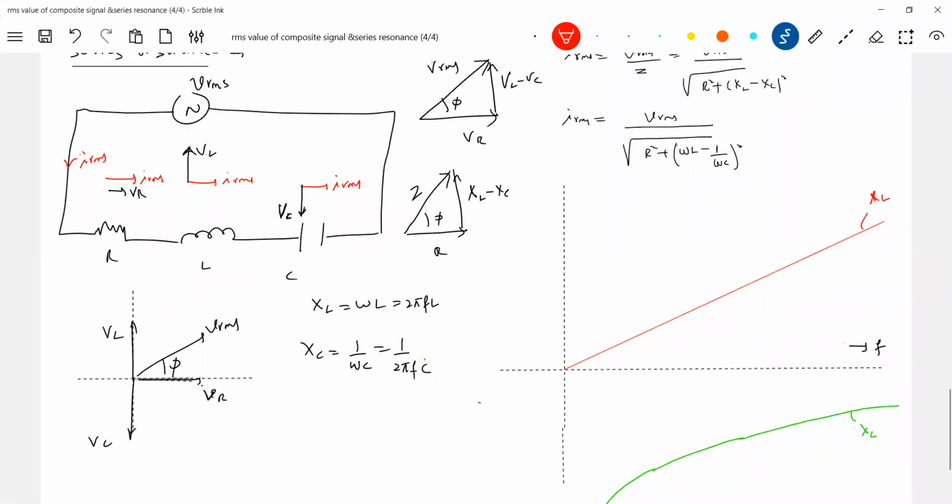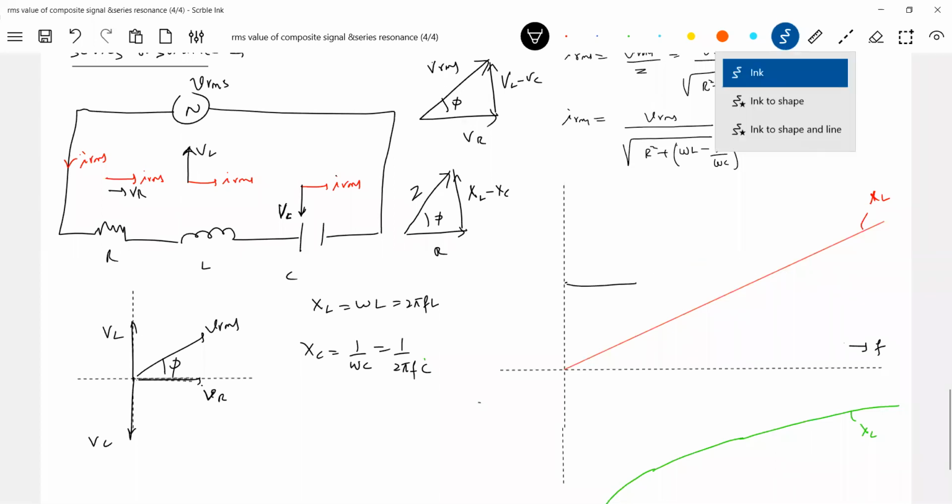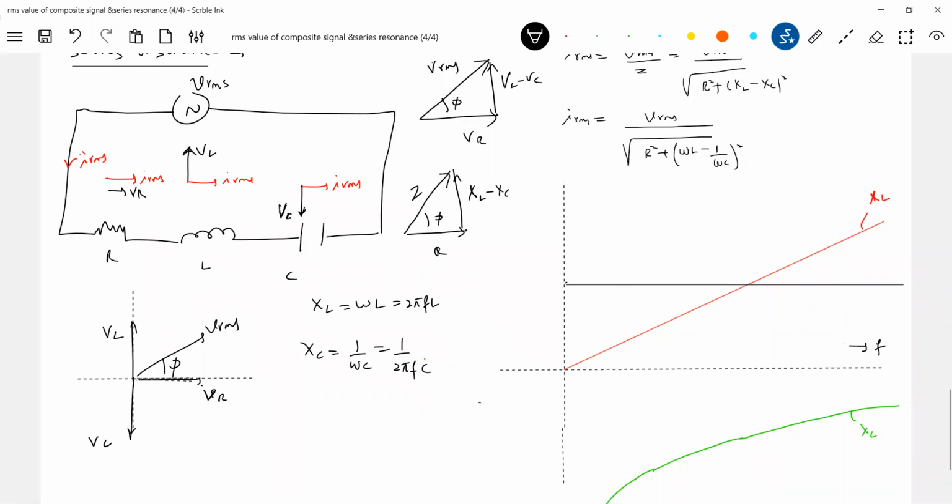Resistance, will it change with frequency? No, it remains fixed here. We take the solid line. So this is the resistance.